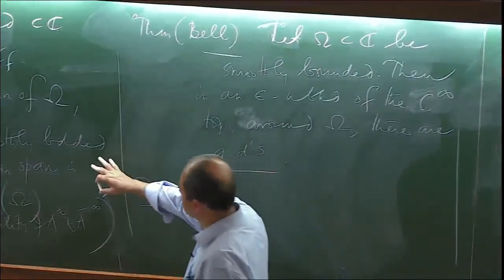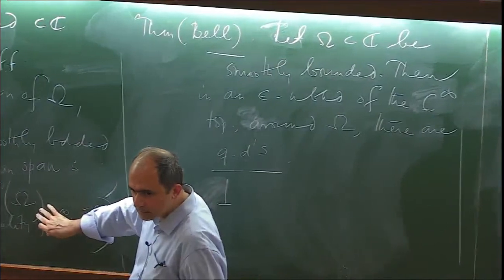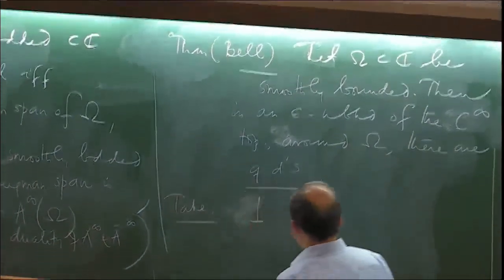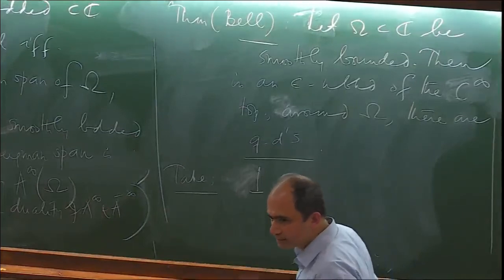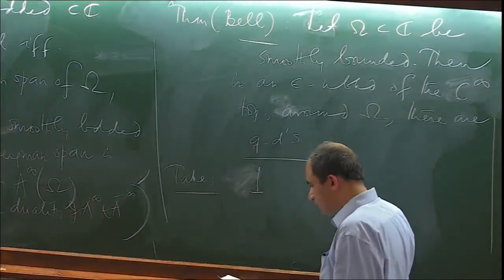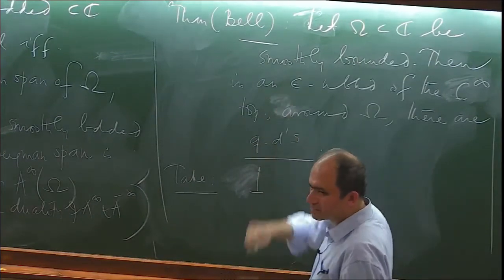Because you are smoothly bounded, 1 belongs to the closure of the Bergman span because of this property here. Okay, that's not good enough. I want it to belong to the Bergman span completely. So I have to sort of correct this somehow.